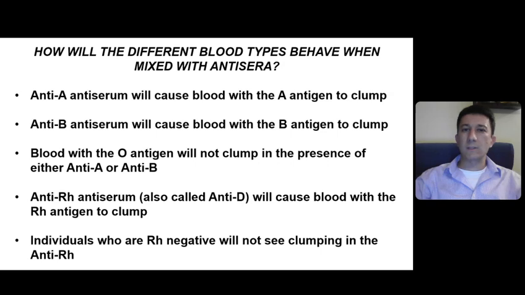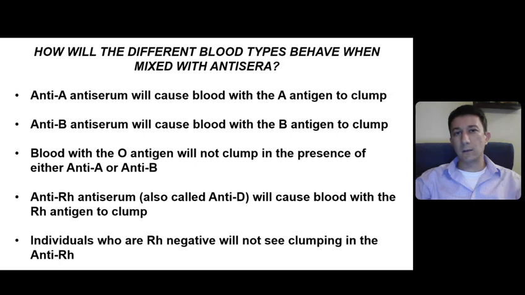The first topic that we'll examine for the Lab 1 lab list in this mind map session is how the different blood types will behave when mixed with anti-sera. So in the lab, when we're examining blood and trying to determine blood type, what we would do is place a drop of the blood to be tested on a card and then mix that blood with a liquid called an anti-sera.